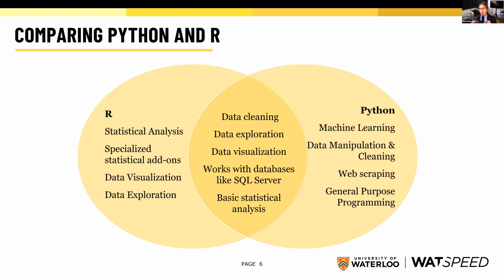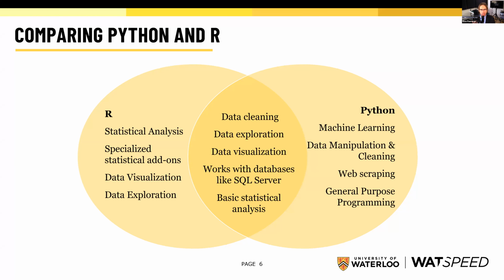And when you need to go past that and get into more specialized statistical add-ons, especially in the natural sciences, physics or chemistry world, there are a number of specialized add-ons for the R language, for, say, statistical analysis for chemistry. So very, very deep.